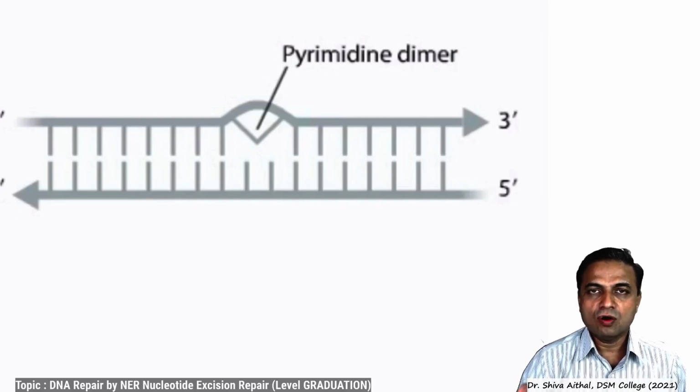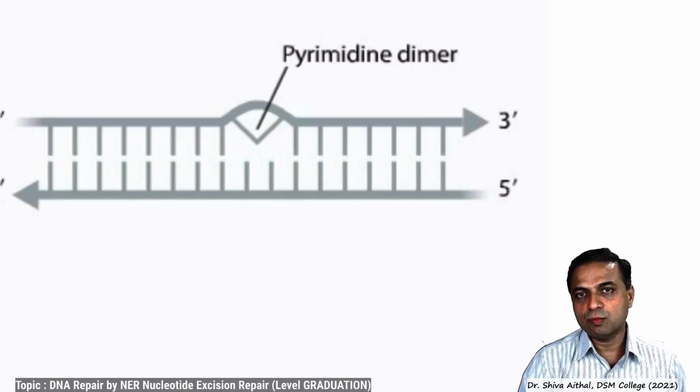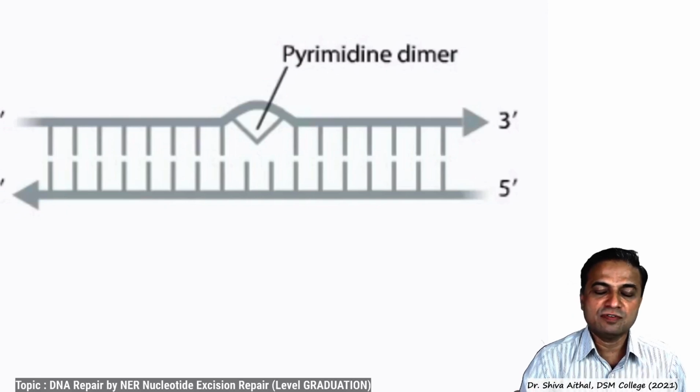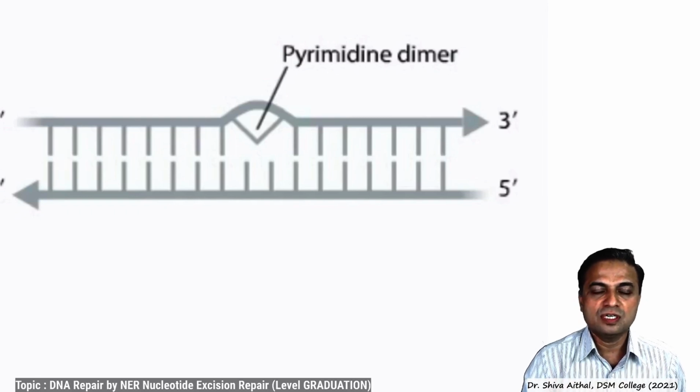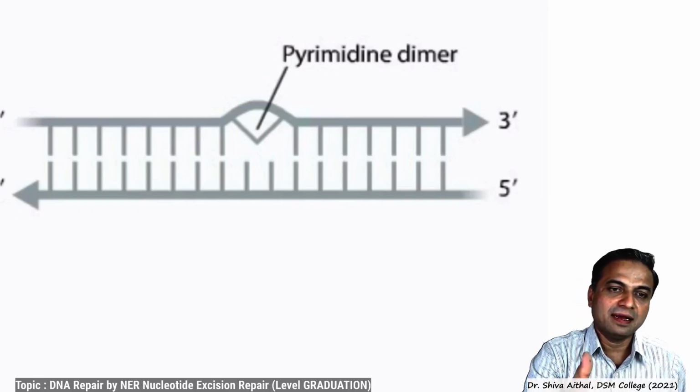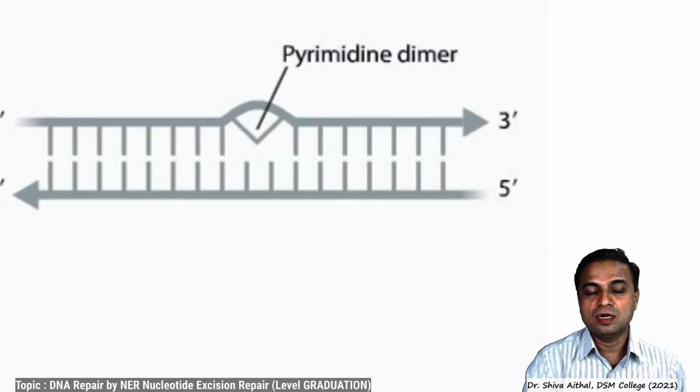All these functions are enzymatic, enzyme based, and whenever we think about an enzyme, there is a specificity with respect to the substrate needed, and this substrate is the damaged DNA. So this damaged DNA induces the enzymes to come and act on this particular type of environment.